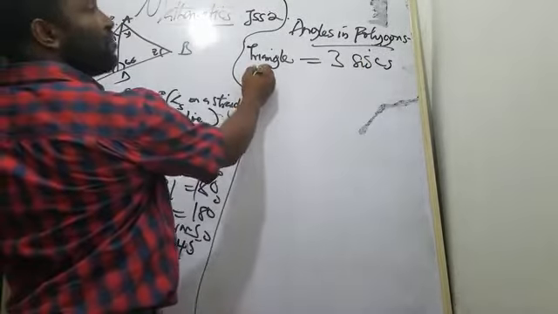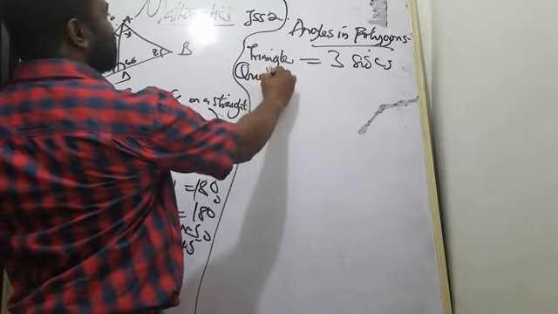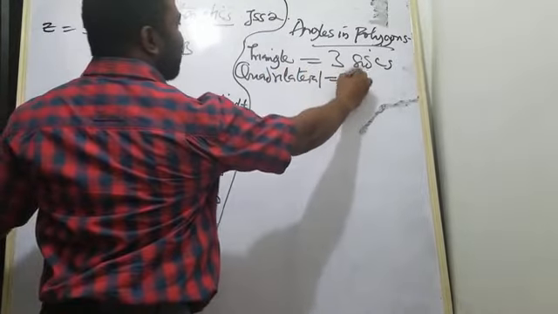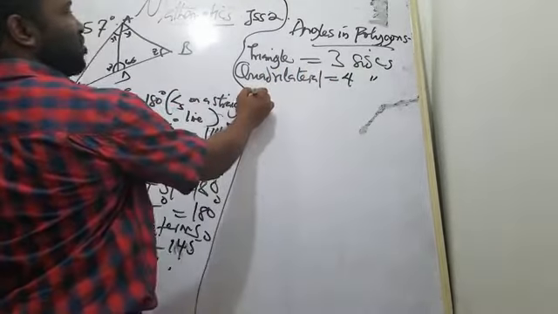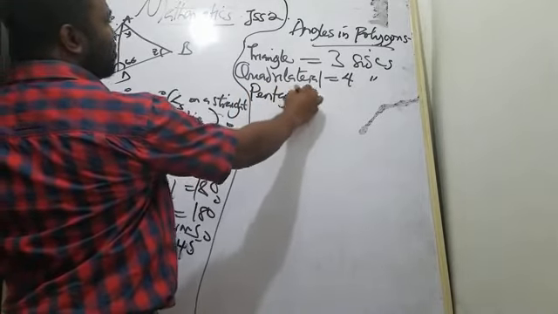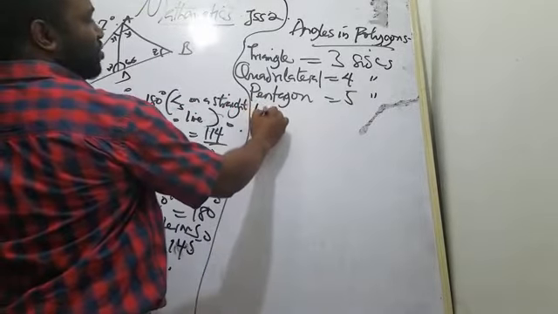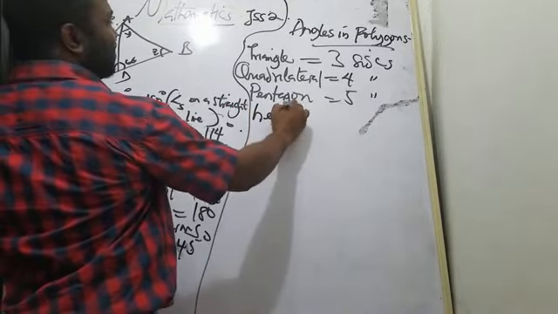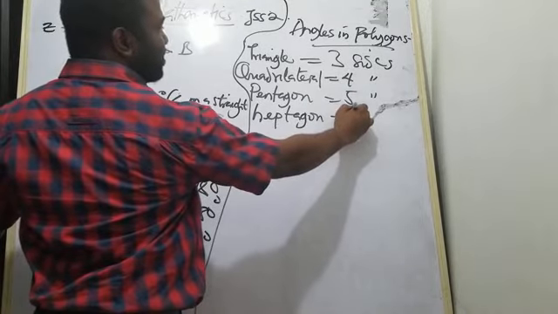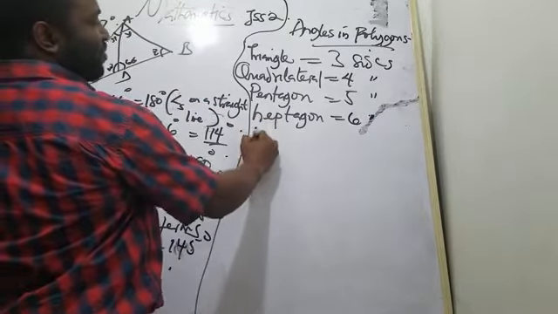We have the quadrilateral. It has 4 sides. We have the pentagon. It has 5 sides. We have the hexagon. It has 6 sides. We have the heptagon.